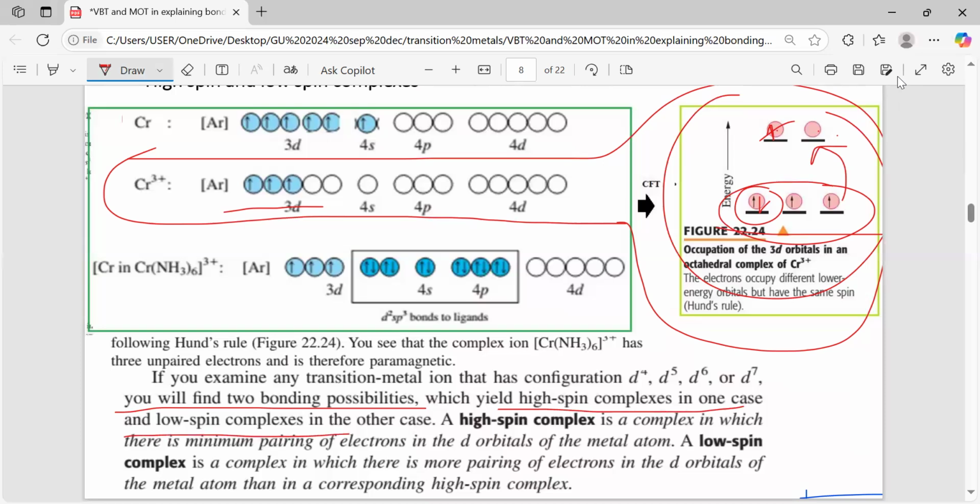When you do pairing, remember, when you pair up electrons, spins cancel, and therefore you are likely to get low spin complexes. But when you don't pair, spins do not cancel, and therefore you get what? High spin complexes. So a high spin complex is a complex in which there is minimum pairing of electrons in the d orbitals of the metal atom, whereas low spin is whereby there is more pairing, okay, in the d orbitals.